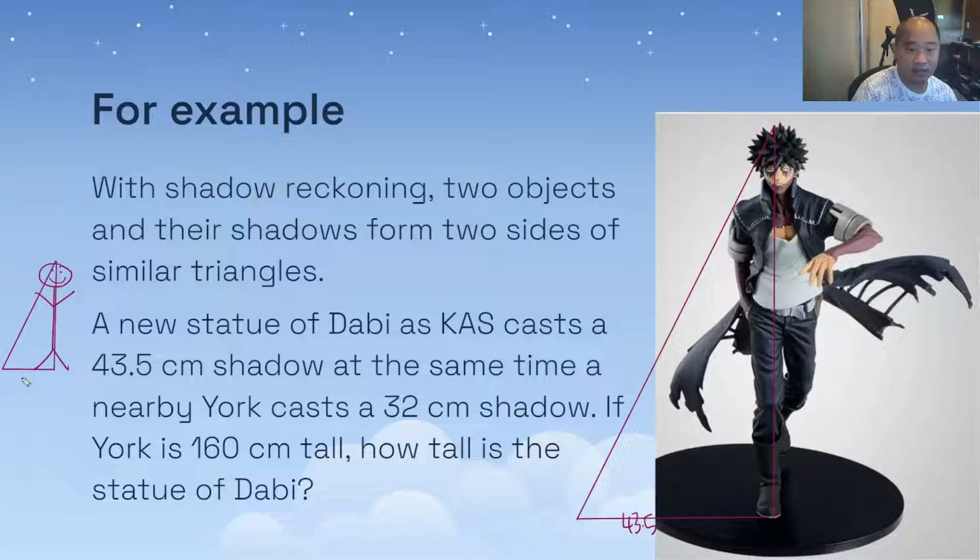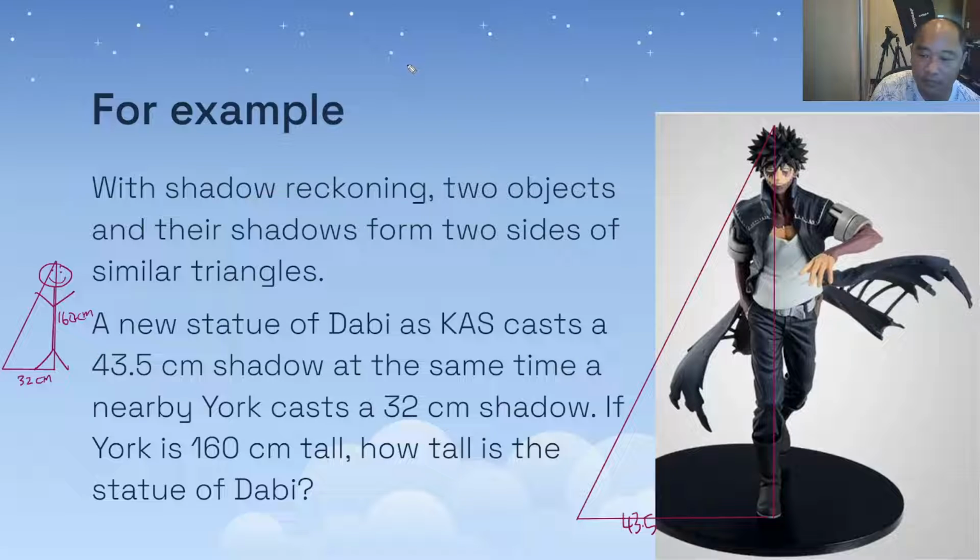And let's say that York's shadow is 32 centimeters, and let's say that he's 160 centimeters tall. I don't know actually how tall you are, York. I'm sorry if you were actually taller than that in real life. Can you guys hear me? I just realized that the microphone was behind me.